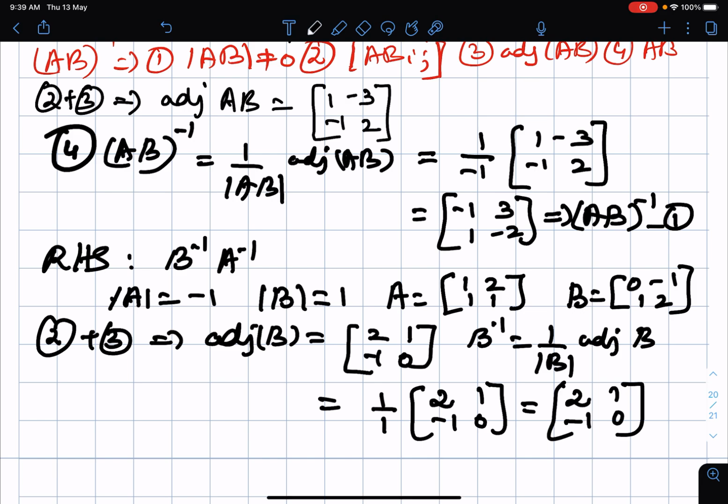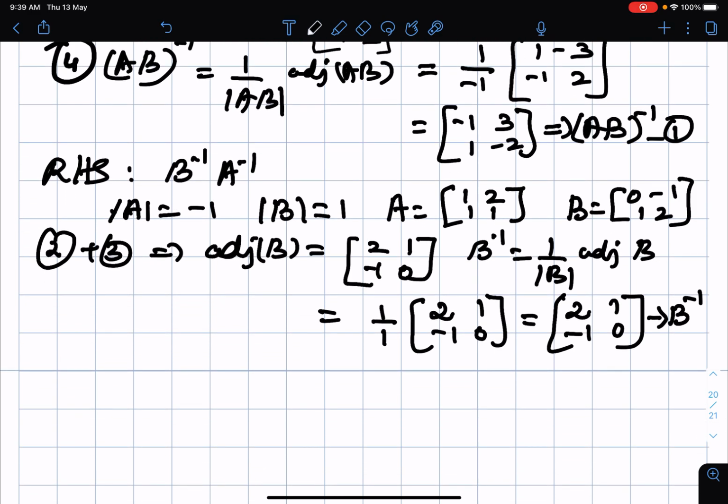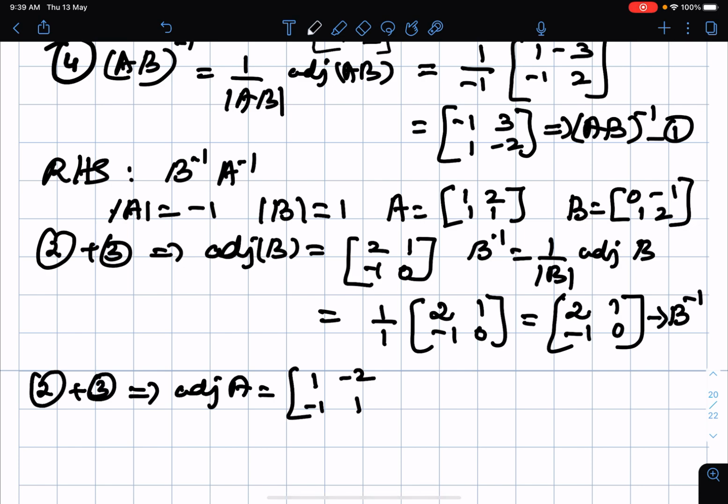This is your B inverse. Okay, now similarly for adjoint A, again you are going to go to 2 plus 3. Adjoint A, you can directly invert. It is 1 1, so no problem. And here you are going to put minus 1 minus 2 because it is in plus.